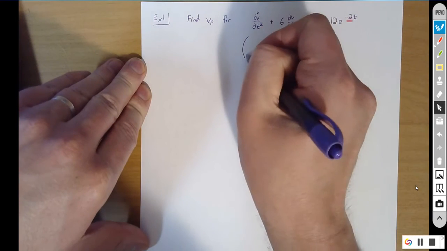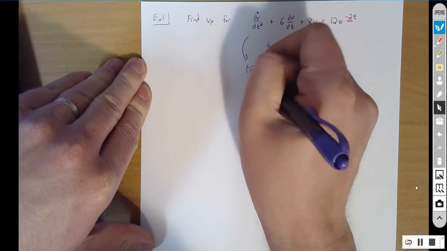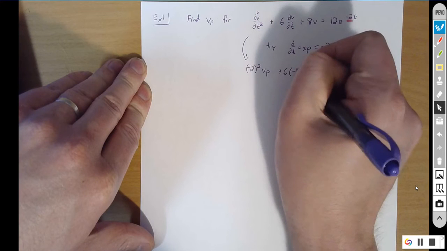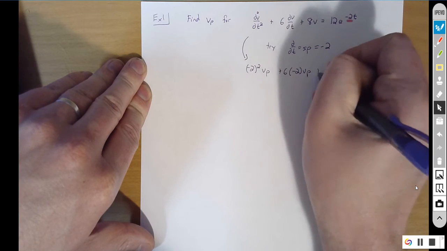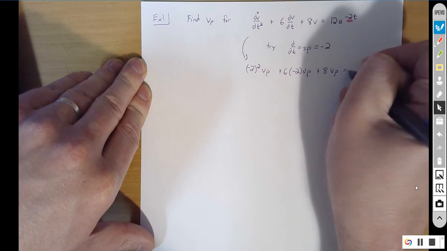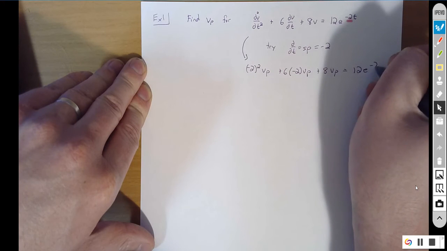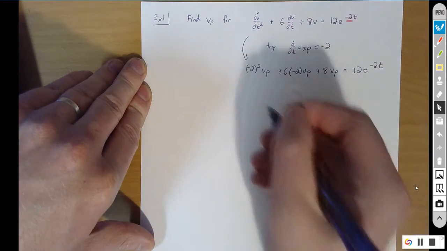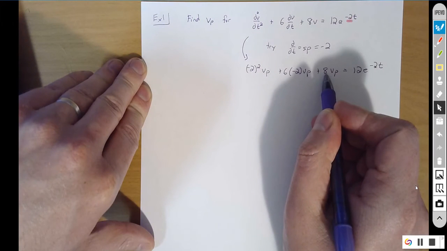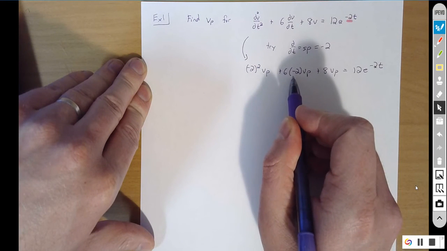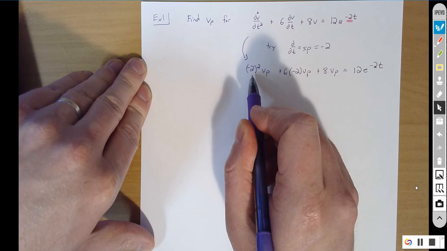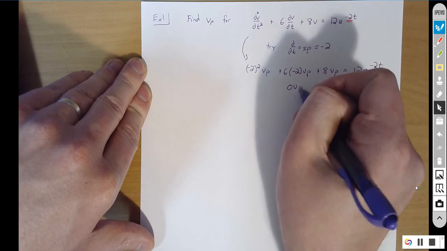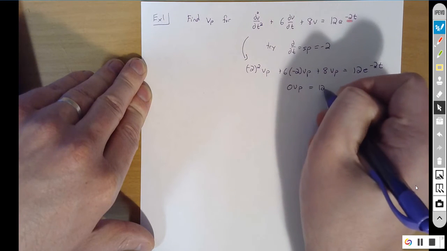In that case, we'll get negative 2 squared v particular plus 6 times negative 2 v particular plus 8 v particular equal to our right-hand side, which is 12e to the negative 2t. So when we do the math on this, we will get 8 minus 12 plus 4, which is going to be equal to 0, times v particular equal to 12e to the negative 2t.